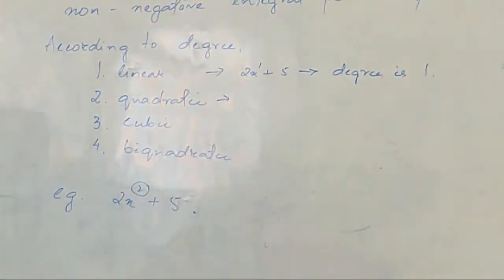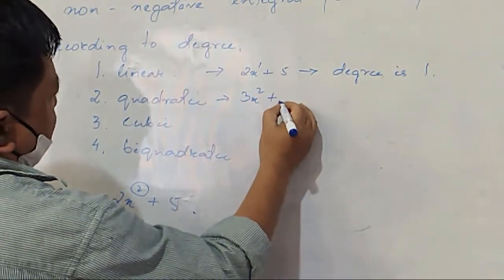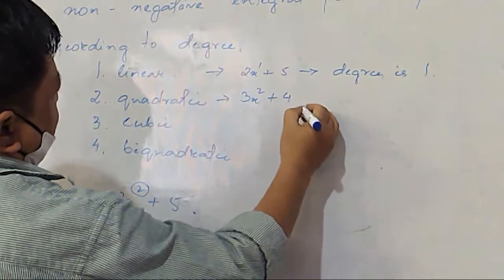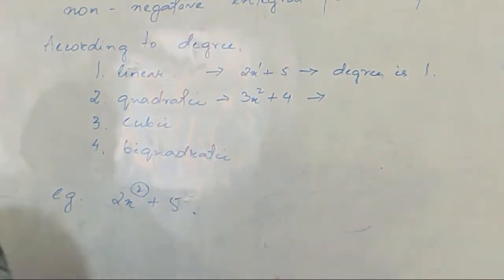An example of quadratic is 3x squared plus 4. So the highest degree of a variable is 2.